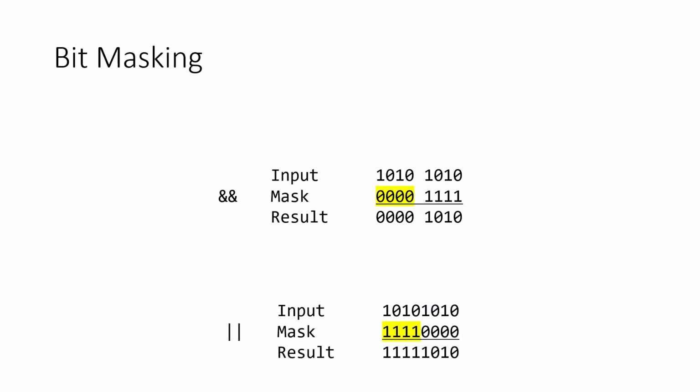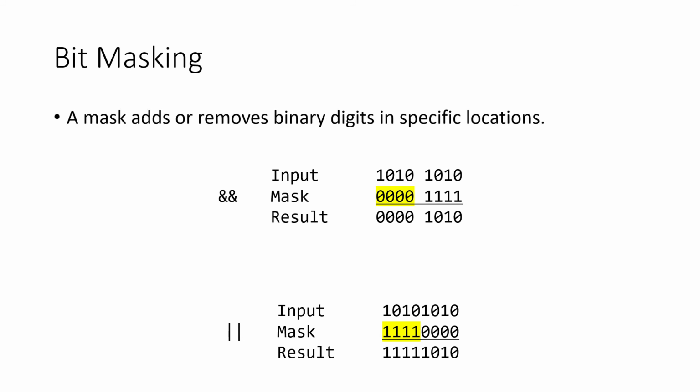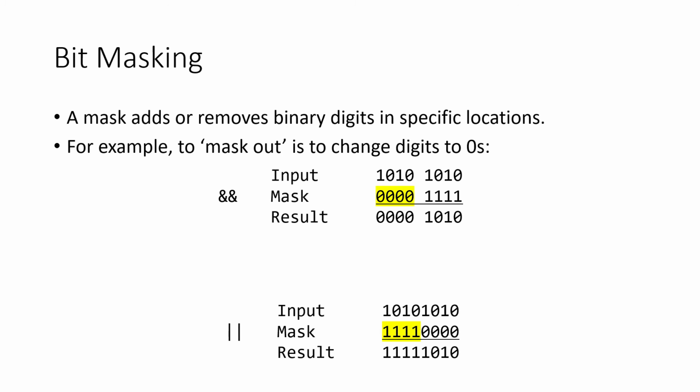To round it all off then, we're going to look at bit masking, which is an application of these operators. So a mask adds or removes binary digits in specific locations. For example, you can mask out bits. You take this input, 10101010, and you mask it with this byte here, 00001111.